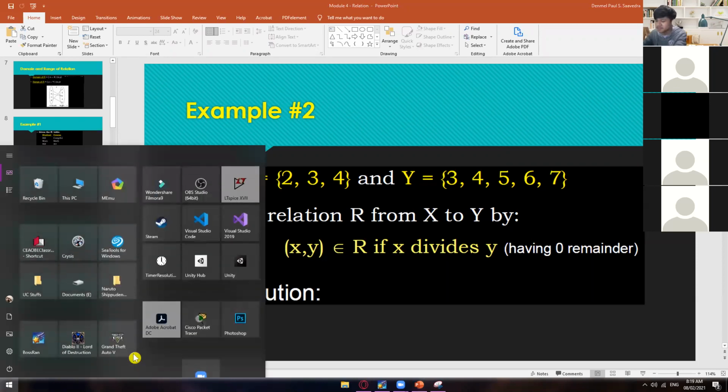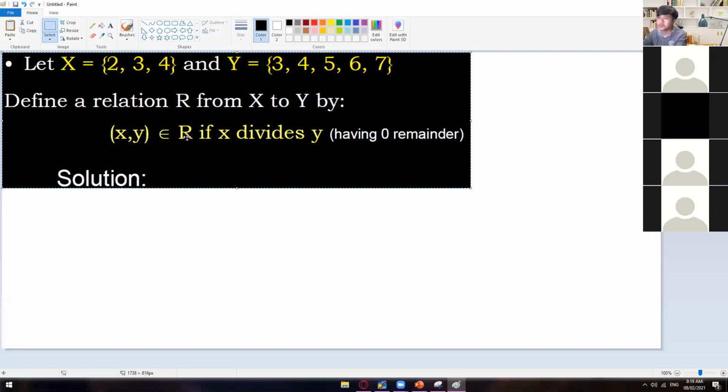Okay. All right, so let's answer this one. So let's see what are the possible relations that we can come up with using this condition. All right, so again, we have here y divided by x, and then it should have a remainder of 0. Meaning the result is even, because if it's even, then we don't have a remainder. So y divided by x, so 3 divided by 2.